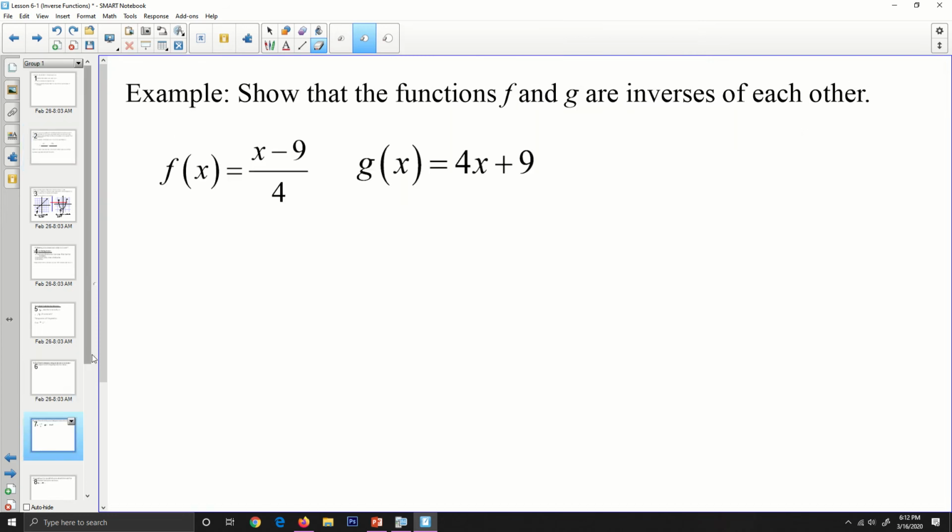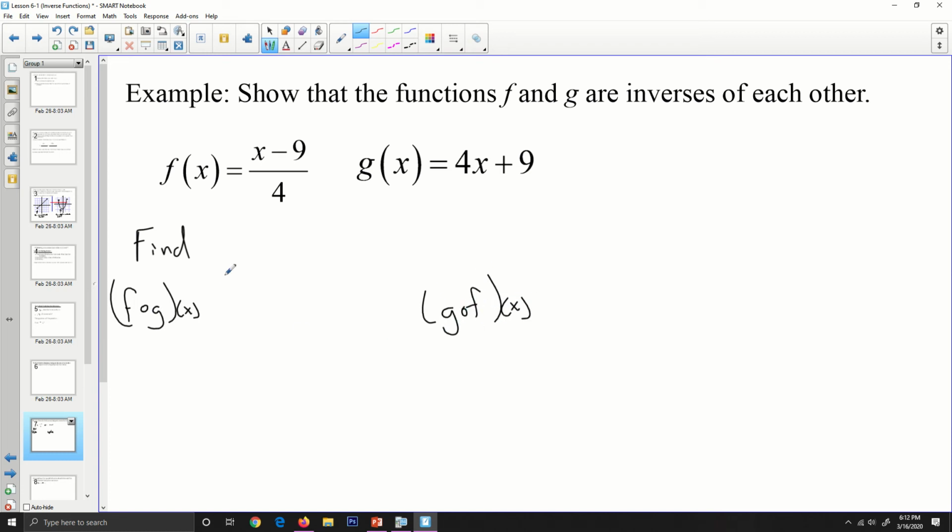All right, let's talk about an example of that to show that the functions f and g are inverses of each other. So what we're going to do is find f composed with g of x, and we're going to find g composed with f of x. All right, and so this is f of g of x, and g of x is this 4x plus 9, and then f is x minus 9 all over 4.